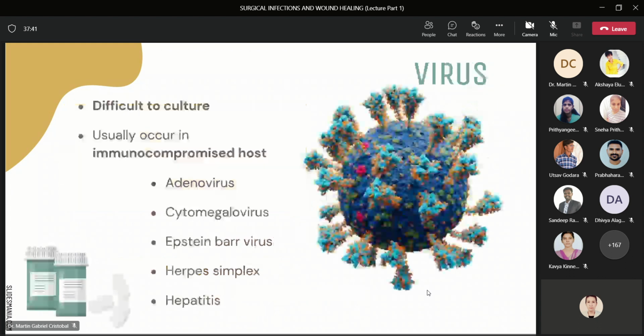Next are viruses. So viruses are difficult to culture, and viral infections occur in the immunocompromised host. So we have the adenovirus, cytomegalovirus, Epstein-Barr virus, herpes simplex virus, varicella zoster virus, hepatitis B and C virus, and HIV.